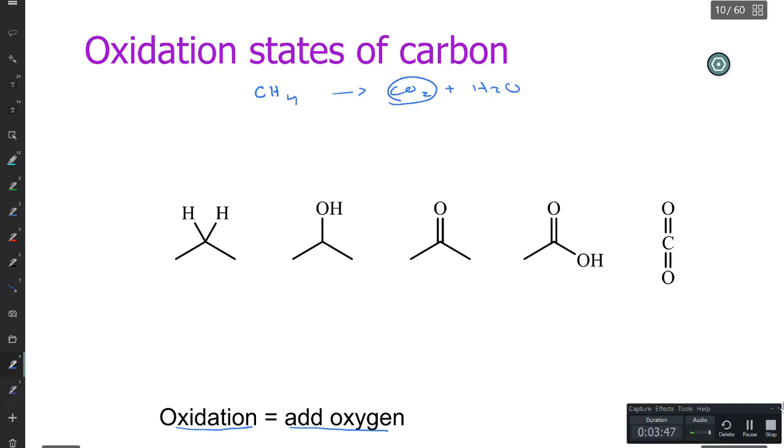This is a more oxidized state of carbon because it has more bonds to oxygen. But the other thing I wanted to point out is not just adding oxygen, but it's adding oxygen bonds to the carbon. So, for example, we'll start with, we'll call this first one A, we'll call this B, C, D, and E.